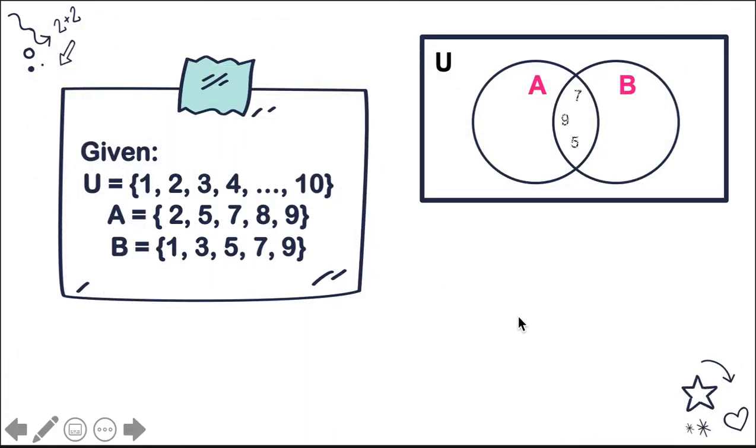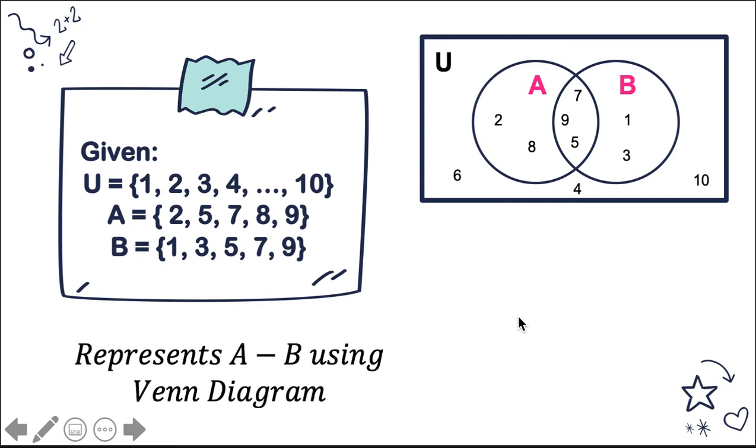Same given, so the same way of putting the elements in the Venn diagram. What we are going to represent is A minus B, or the difference of sets A and B, using the Venn diagram. When we say A minus B, these are the elements in set A which you cannot find in set B. So the elements are only 2 and 8.